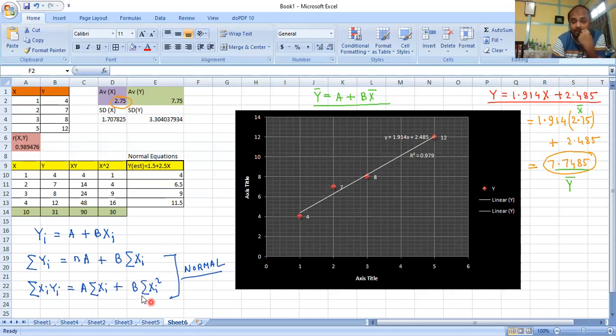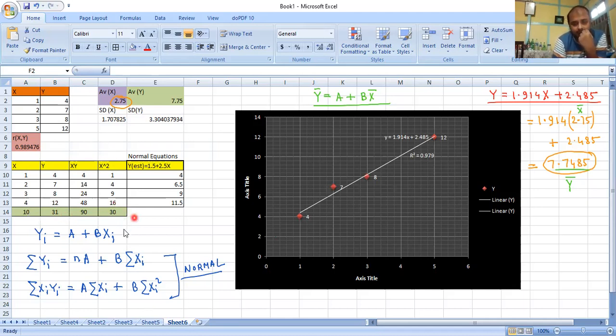So by keeping this in mind, I have formed a table over here. As you can see, I have retained the values of x and the values of y just as given in the question. I have calculated xy and x square, and all the figures shown over here are the sums of these columns.